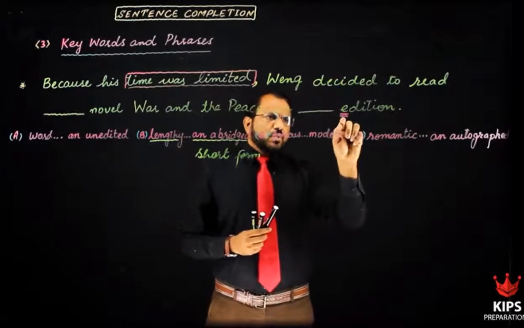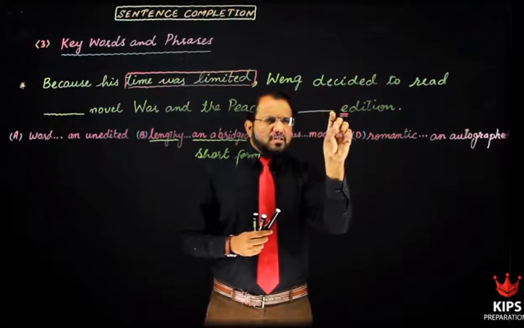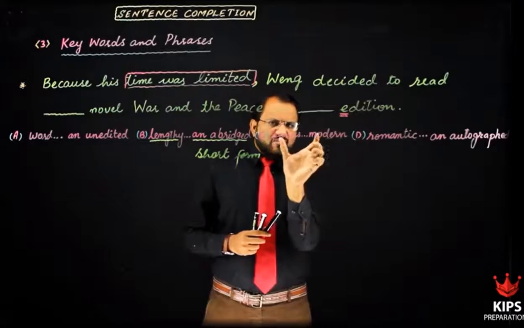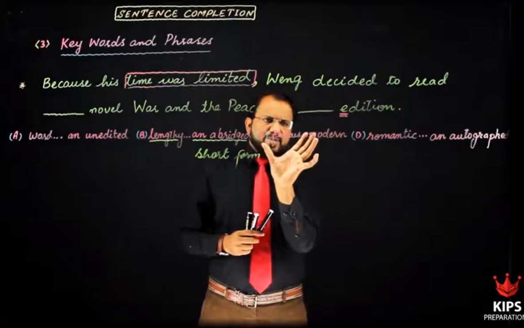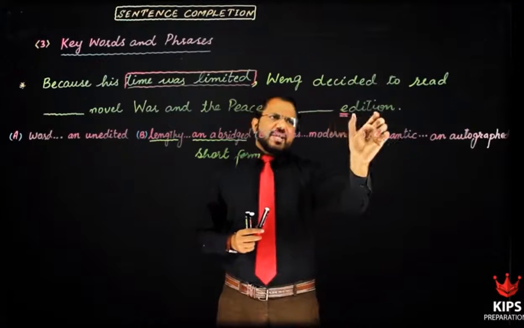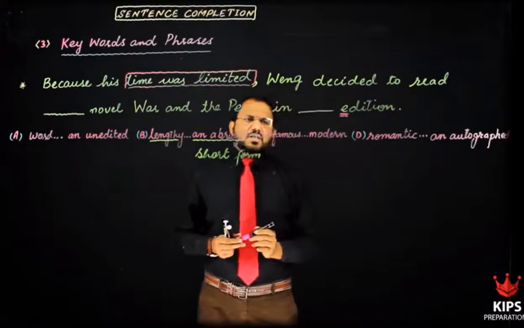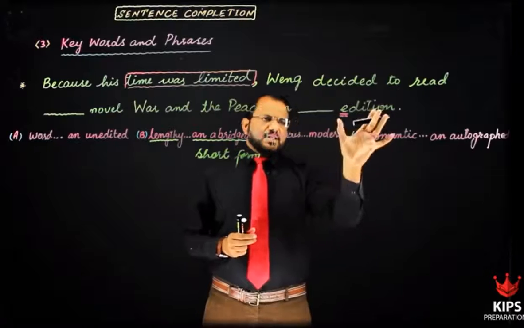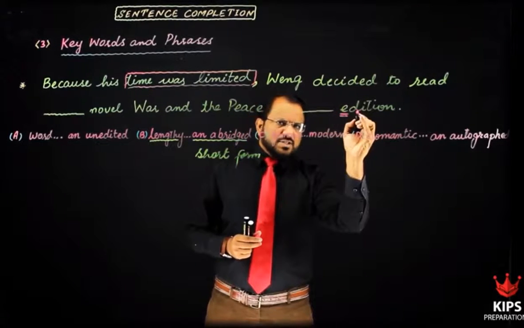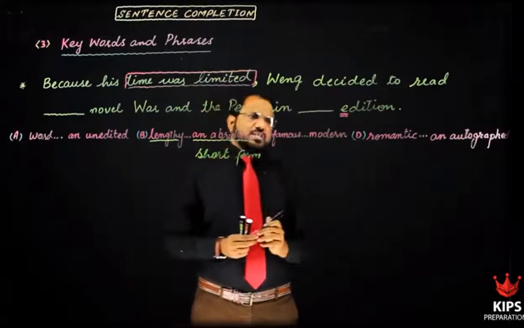So you need an option that begins with the article "an". The second word of every option A, B, C, or D should begin with a vowel. For example, "an edition", right? Look at this. "A modern edition". Had it been like this, "an abridged edition", for example, the way you can look at this.